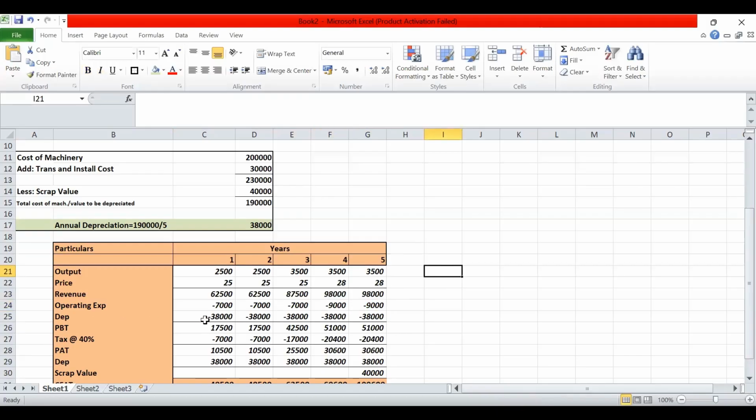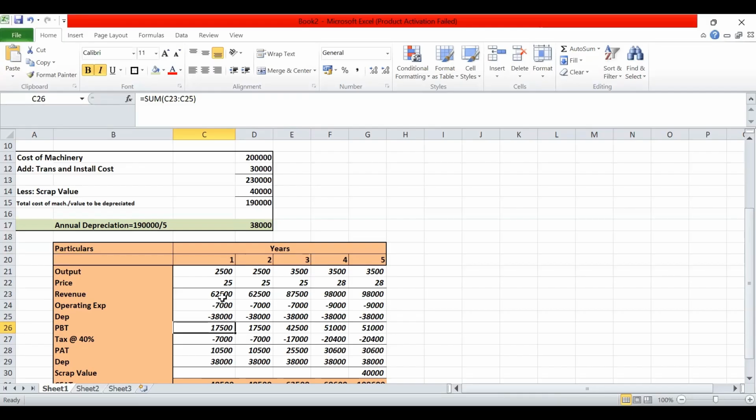Then depreciation is also subtracted in order to get profit before tax. So 38,000, we have taken cell referencing from here. You can type it also, or you may take the cell referencing, and I have included a negative sign in order to keep it as a negative item here so that we can subtract it and get the profit before tax. So you just need to sum these up and you will get the profit before tax.